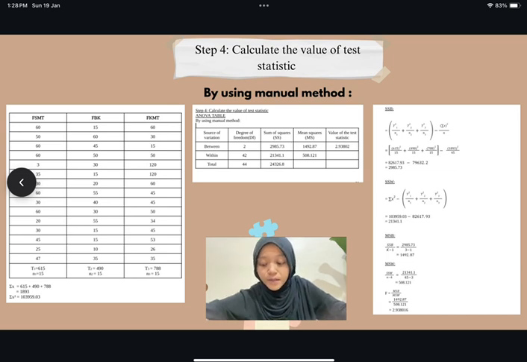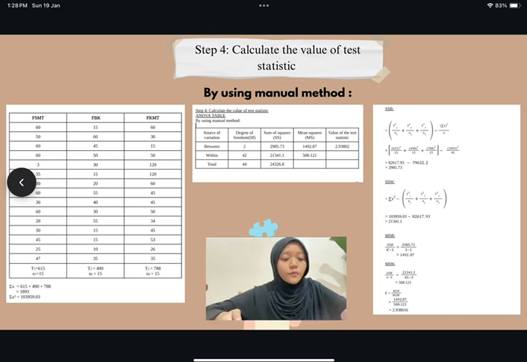From the data, the summation of X, we got 1893, and summation of X squared, we got 103959.03. Then, we have to calculate the SSB, SSW, MSB, MSW, and the value of F. For SSB, we got 2985.73.